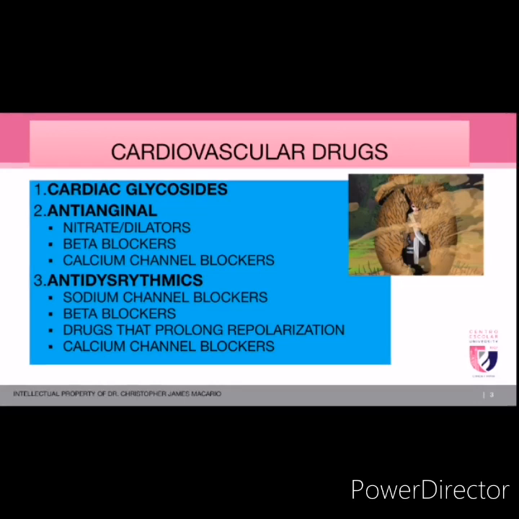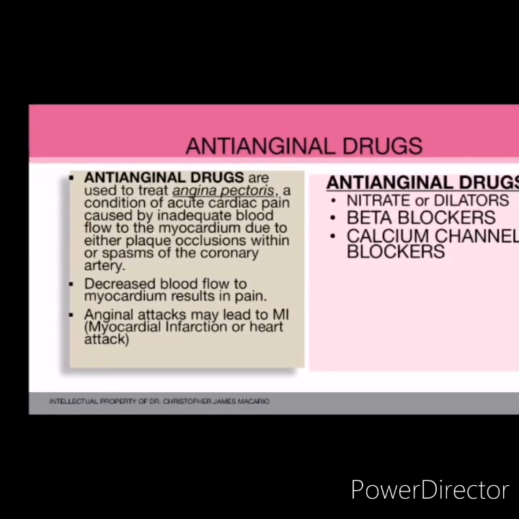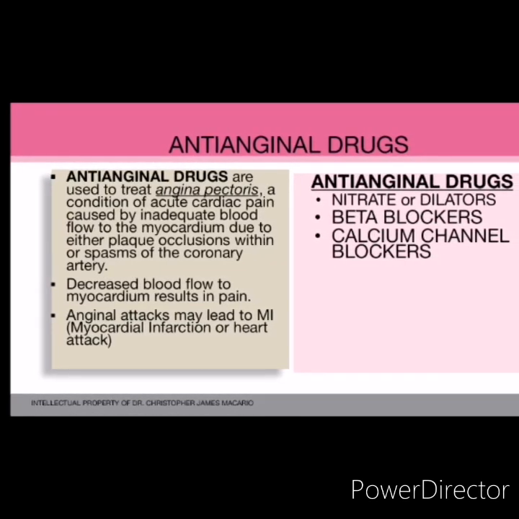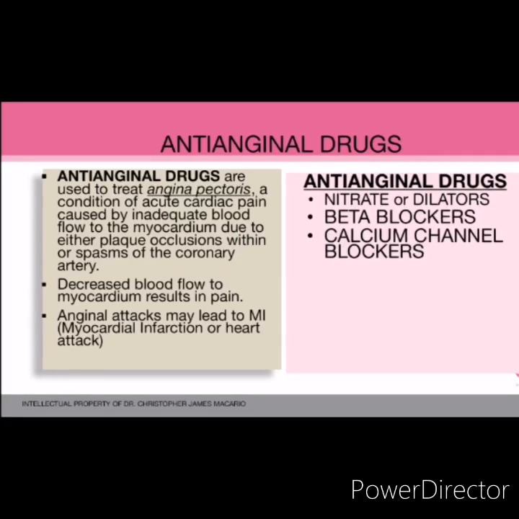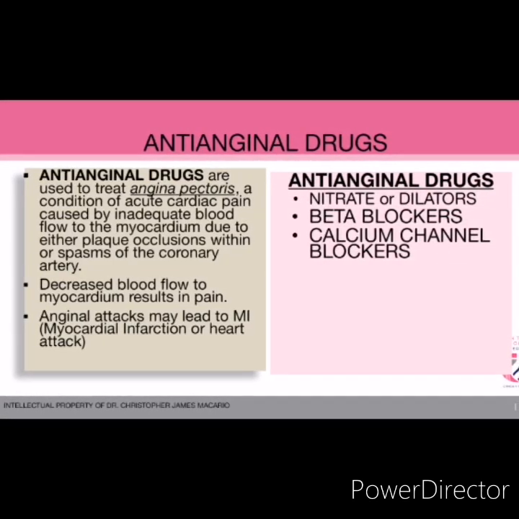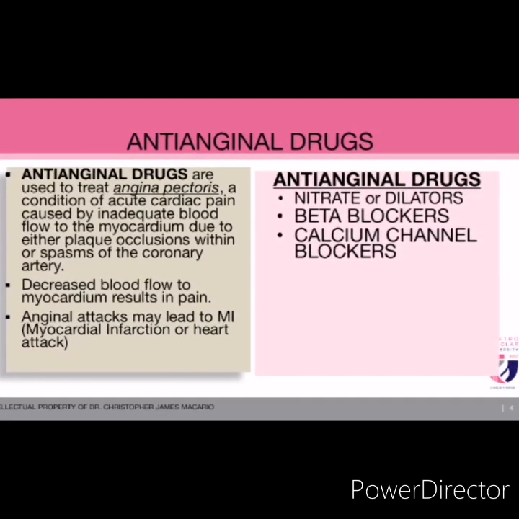Okay. As for your anti-anginal drugs, they are used to treat angina pectoris, a condition of acute cardiac pain caused by inadequate blood flow to the myocardium due to either plaque occlusion within or spasms of the coronary artery.